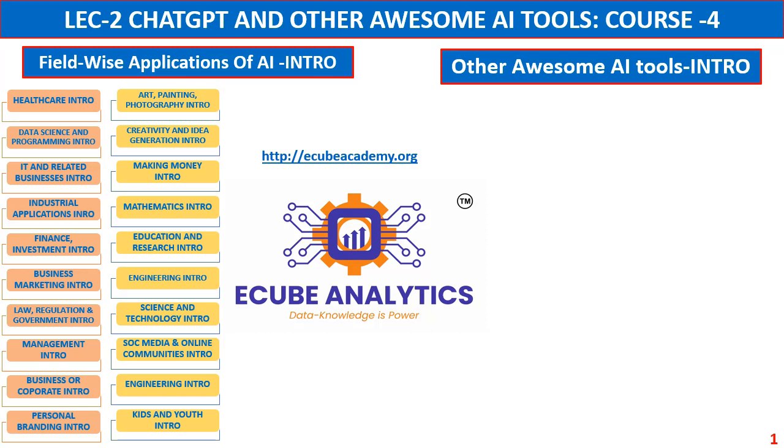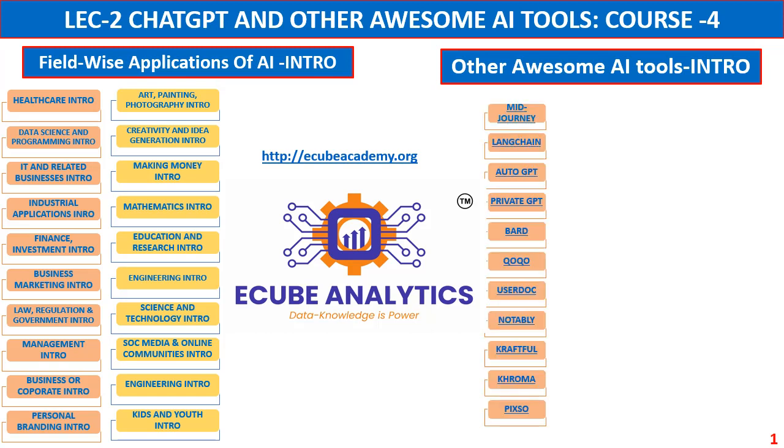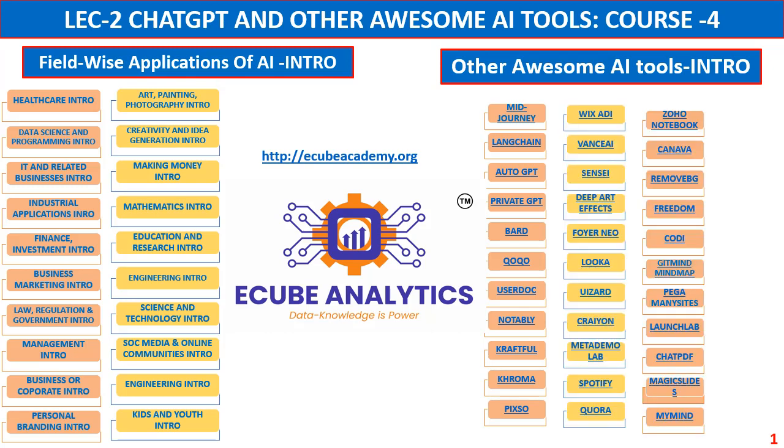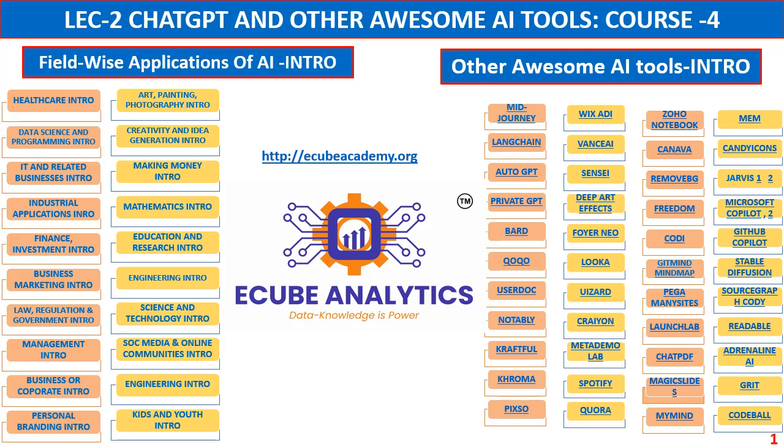So it is worth checking out such tools also. So we will see some such other tools: Midjourney, LangChain, AutoGPT. I'm not speaking the whole list because that would be very boring, but these would be the tools. In total, we would be covering more than 400 tools at an introductory level.